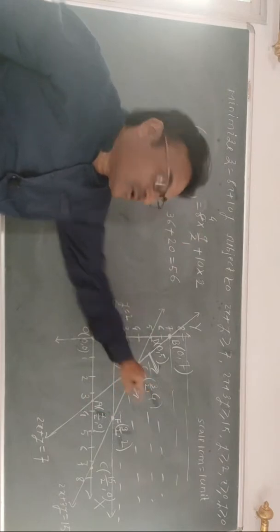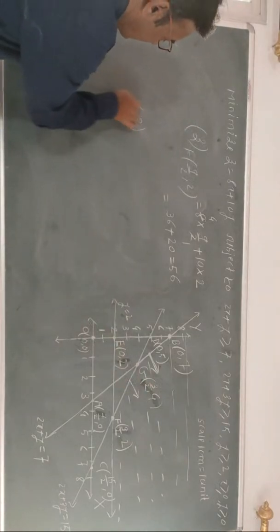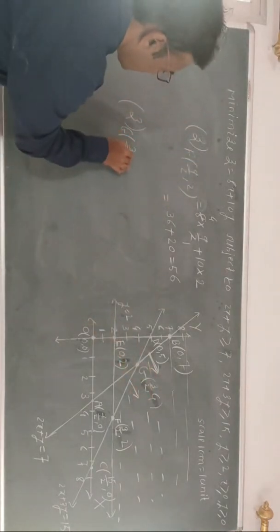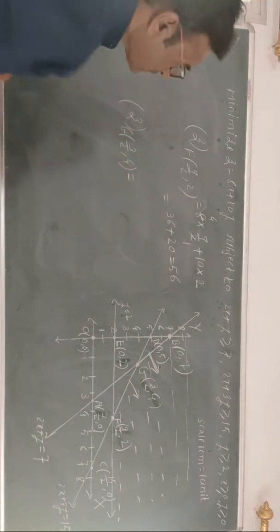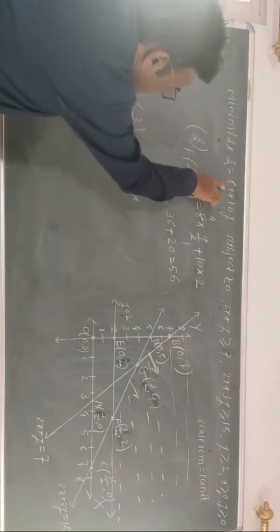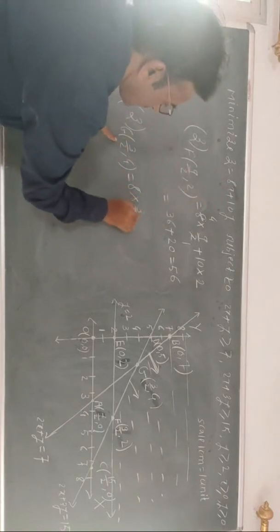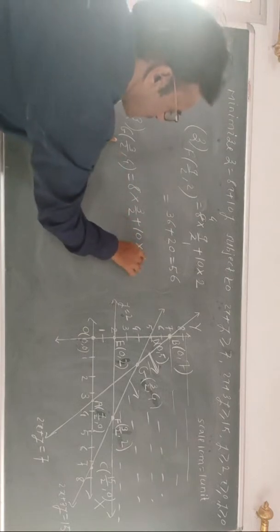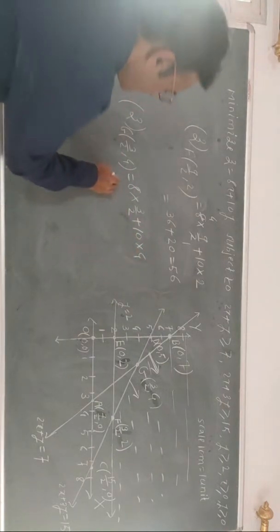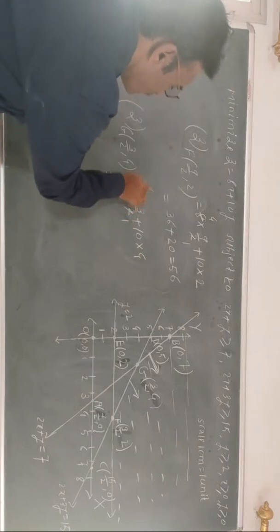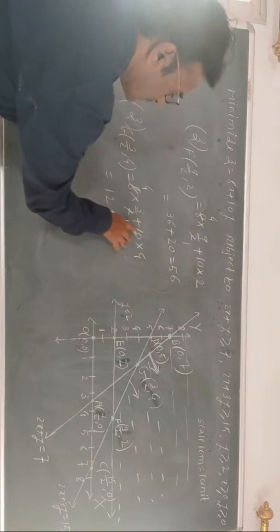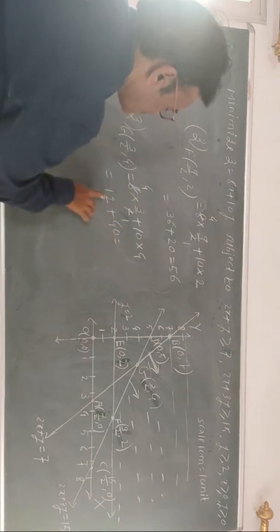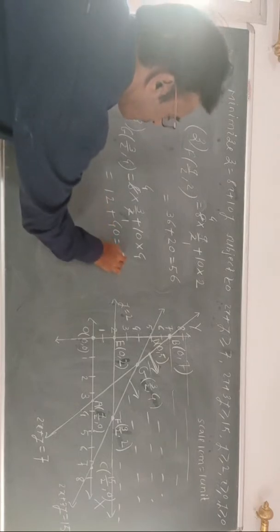So Z at G is 8 into the x coordinate 3 by 2 plus 10 into the y coordinate 4. That is 12 plus 40, which is 52.